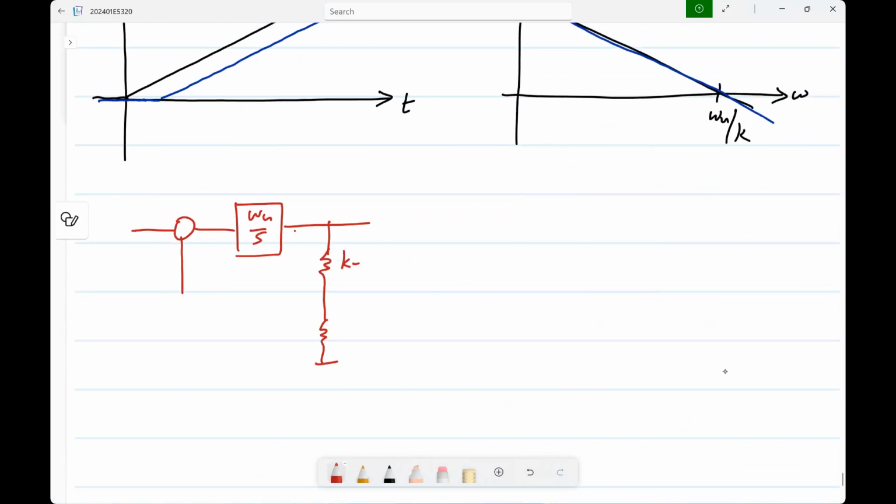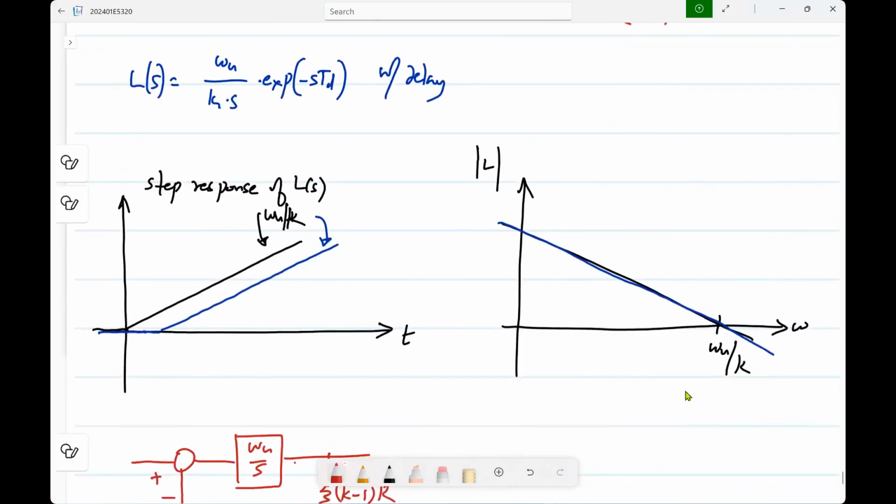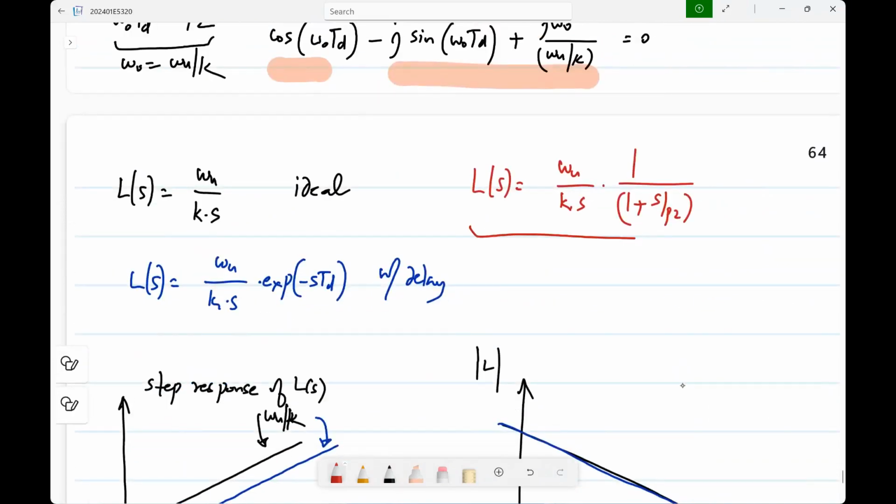It's what I tried to make, but then there is a parasitic capacitance here, as you expect. So what do you get because of this? You get an additional pole. So that is the type of model that you have. What is the step response of that L of S? Please calculate. Again, it's a simple calculation.